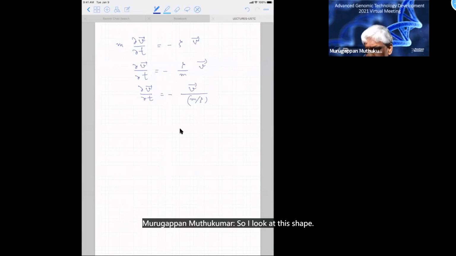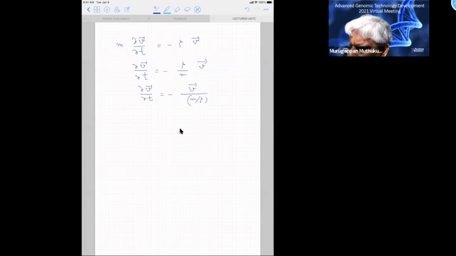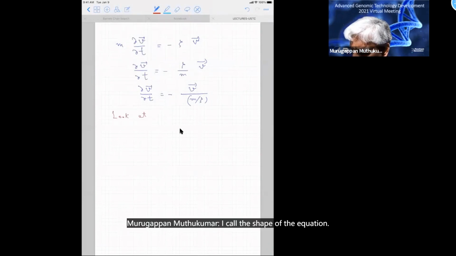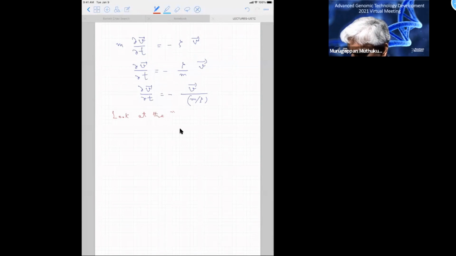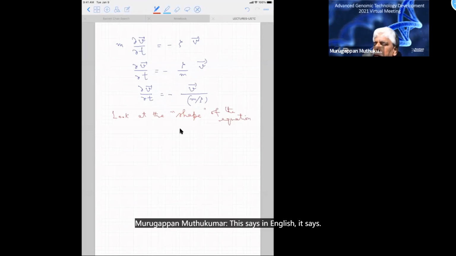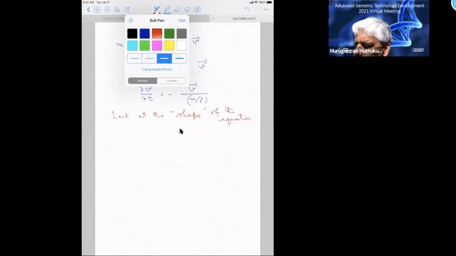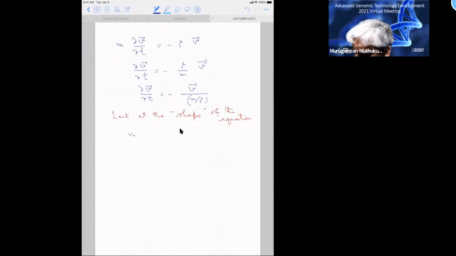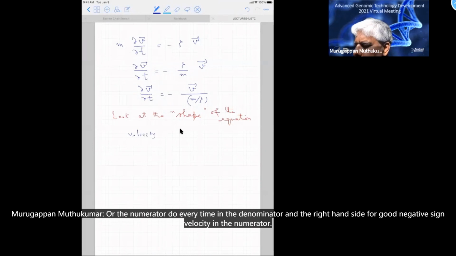So I look at the shape of the equation. This says, in English, velocity at the numerator divided by time in the denominator.